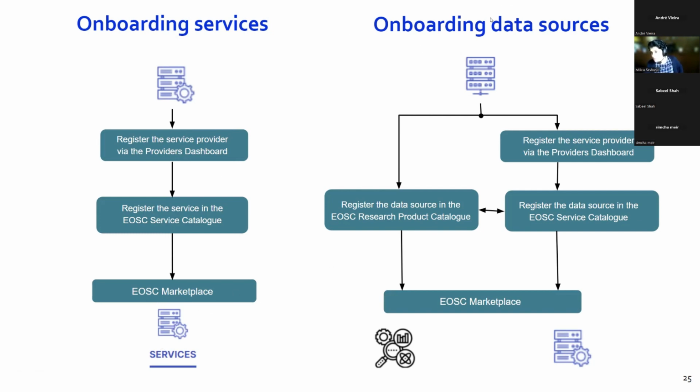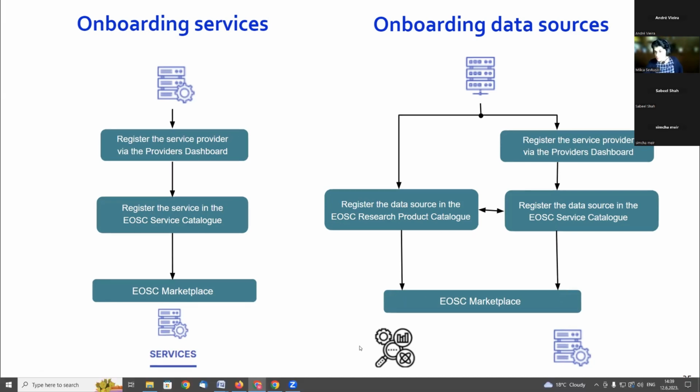If you onboard the data source, this is the procedure that applies to services. Register as a provider, register as a service. It's available as a service. But then there is the second part that will be explained now, and then the research products are actually available in the EOSC Marketplace. So that's all from me.